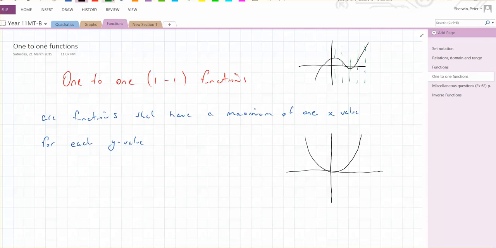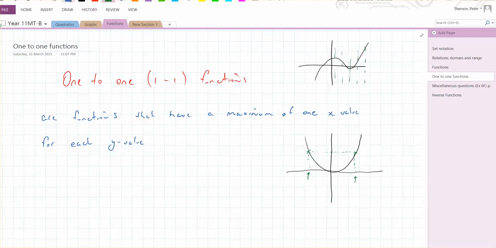For each value of y there has to be a unique value for x. For that value of y there are two x values, there and there, so this function would not be one-to-one. The definition is written down here: one-to-one functions are functions that have a maximum of one x value for each y value.